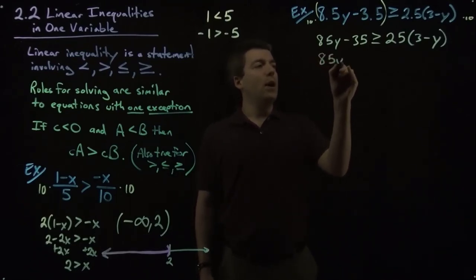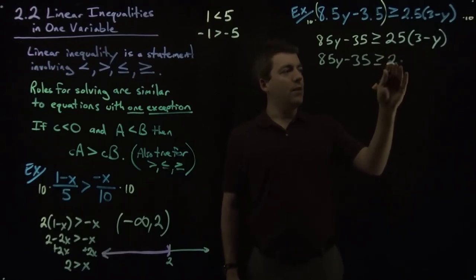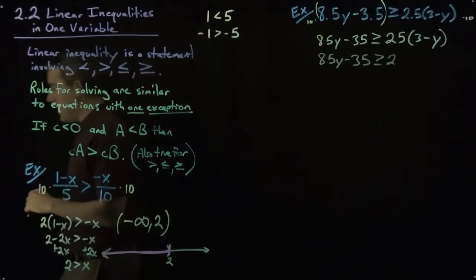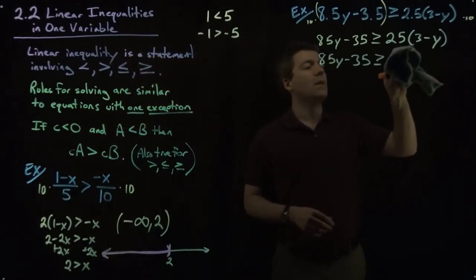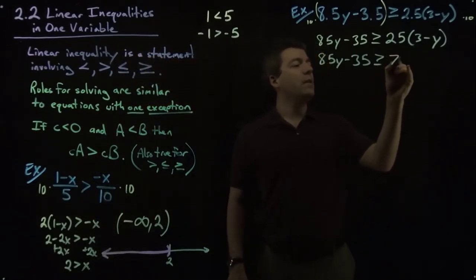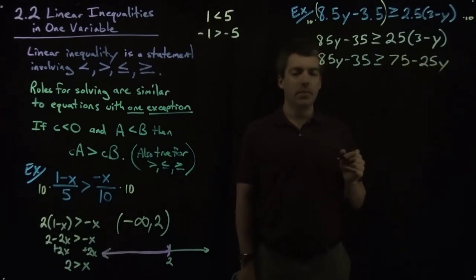So 85y minus 35 greater than or equal to 25 times 3 is 75, minus 25y. All right.